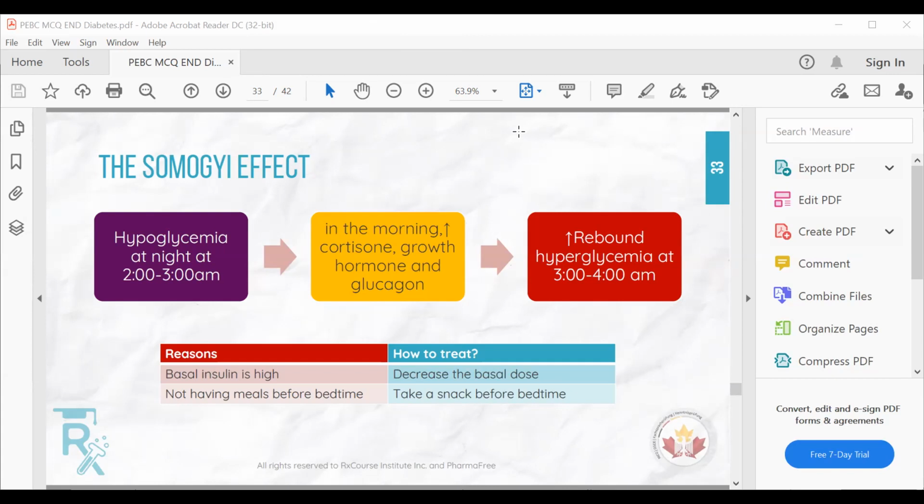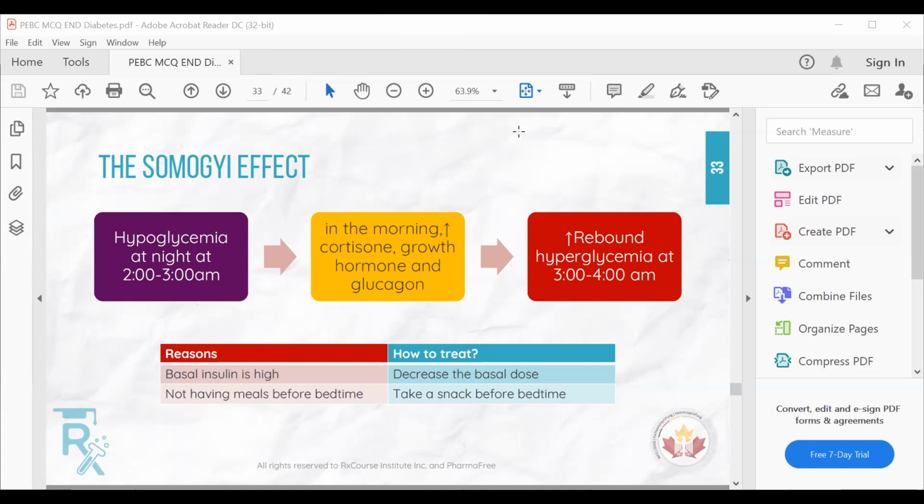correct? Okay. So if I have a patient, a diabetic patient who developed hyperglycemia in the morning, I need to differentiate if it's Somogyi effect or dawn phenomenon, correct? Let's say that he has a blood glucose of 11 in the morning.